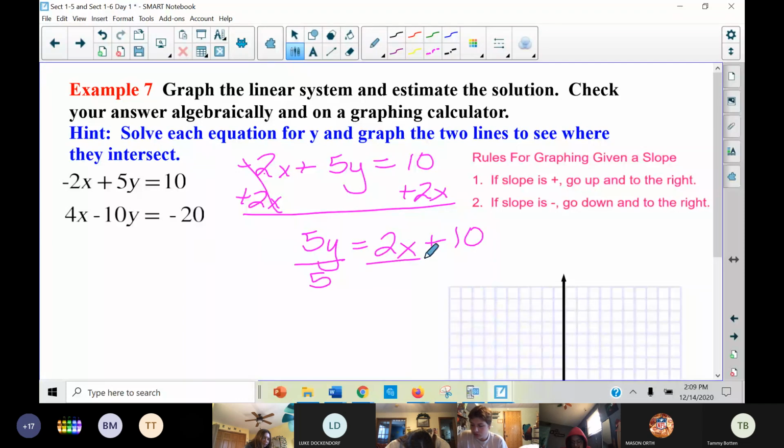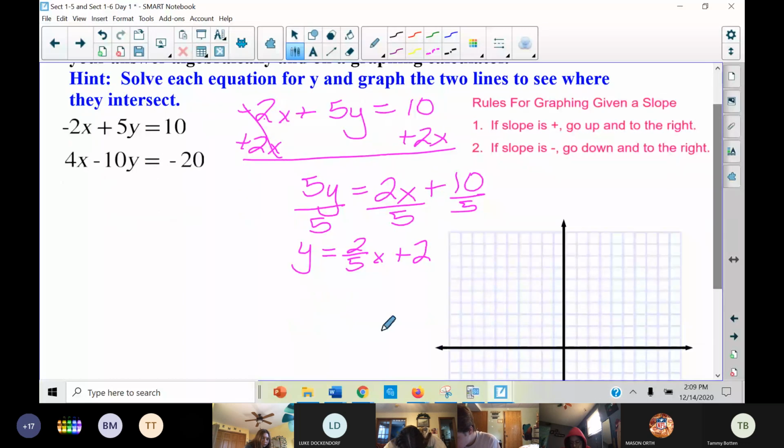Then I divide everything by 5, and I get y equals 2/5 x plus 10 divided by 5 is 2. So now my slope would be 2/5, my y-intercept would be 2, and I'm going to go and graph that.